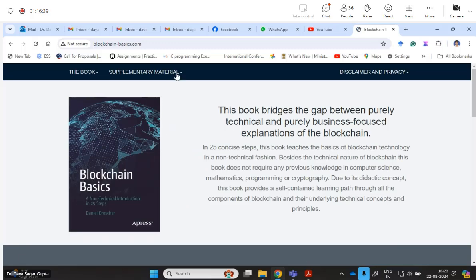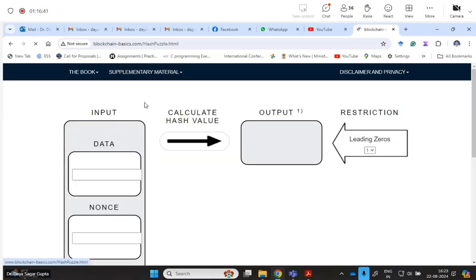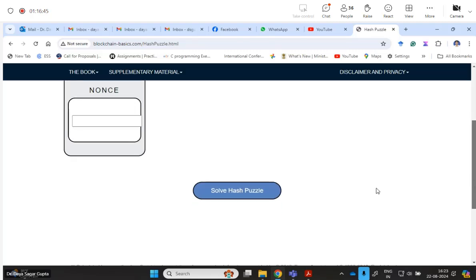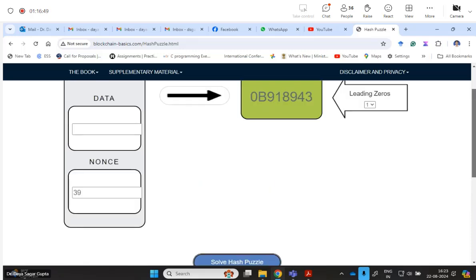Okay, hash puzzle. If you try to find 1 leading 0, it will appear very, very soon. It is happening here. If you move it to 2, it appears. Move it to 3, it appears.